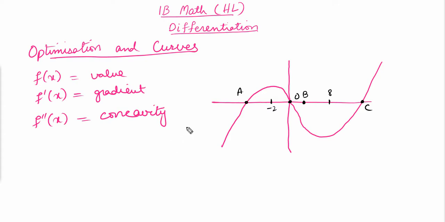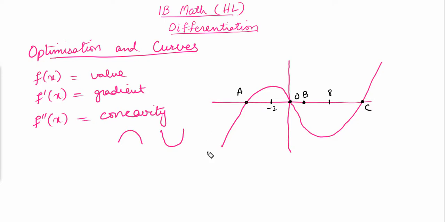If we get a negative answer, it means it's concave down, like this. If we get a positive answer for f double dash of x, it means it's concave up. So it tells us about the concavity. And if f double dash of x equals 0, it means the concavity is 0, it is neither up nor down. So that point will be the point of inflection.